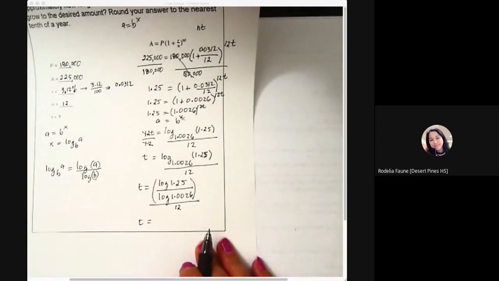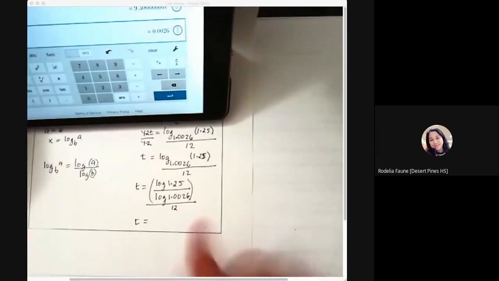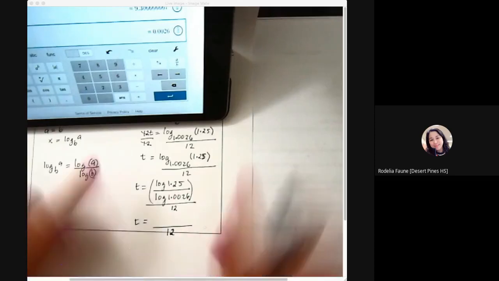That's the top. We're going to do that first. So what would be our t? Once again, let us enter this in our Desmos calculator. This is over 12.